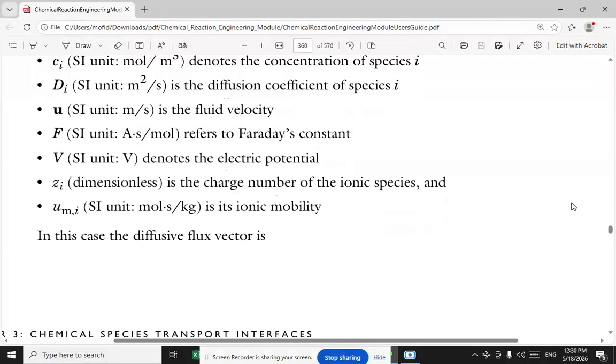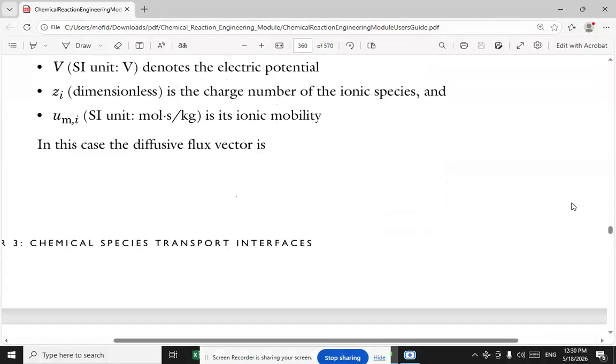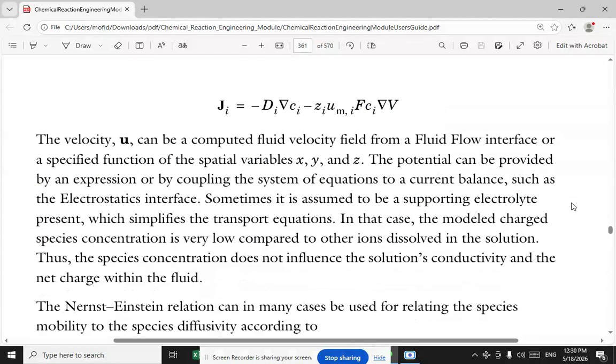In this case, the diffusive flux vector is as follows: J_i equals minus D_i grad c_i minus z_i u_mi F c_i grad V. The velocity u can be a computed fluid velocity field from a fluid flow interface or a specified function of the spatial variables x, y, and z.